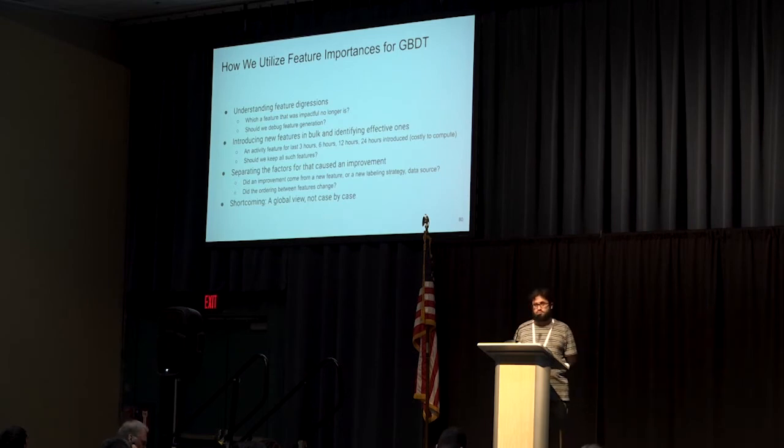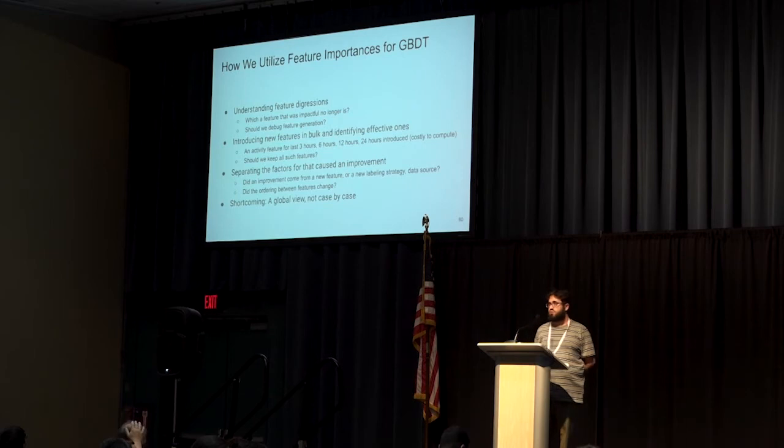But it's no longer important. So this gives us the motivation to dig deeper into the system to understand what happened to this feature, whether we stopped collecting it, or whether there was something as simple as an issue with the service that was returning it, or whether they changed something on their backend and this feature is no longer useful.